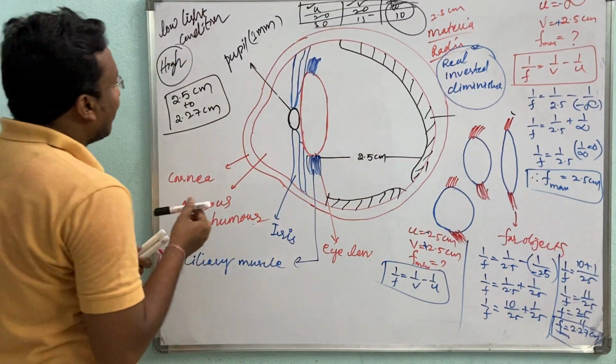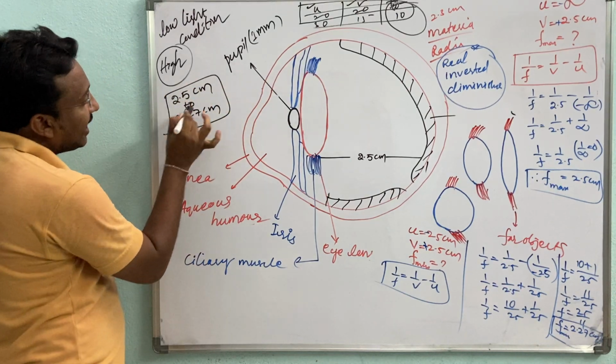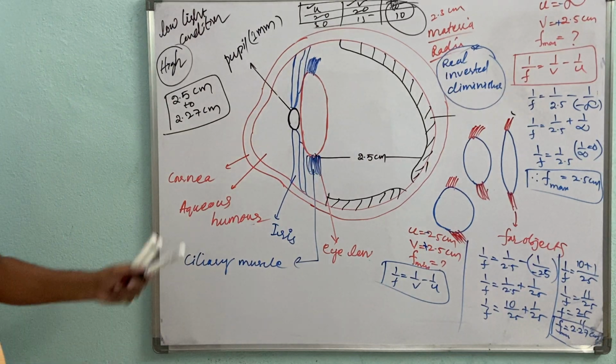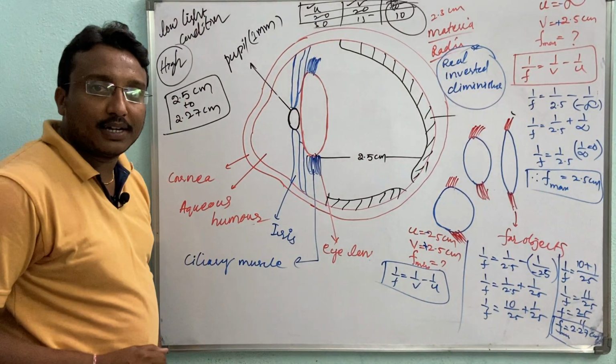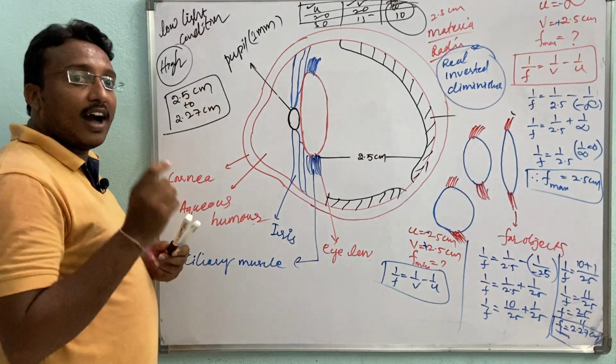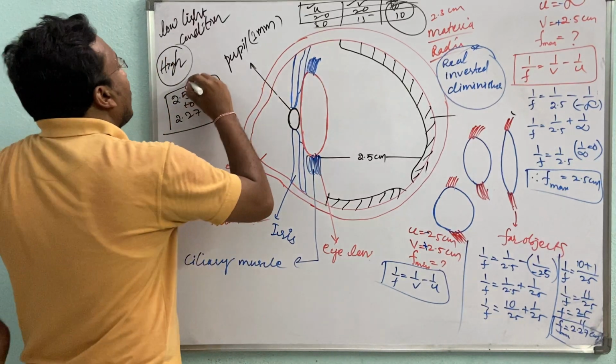Our eye lens can adjust its focal length from 2.5 centimeters to 2.27 centimeters. This ability of adjusting the focal length is called accommodation of the eye lens.